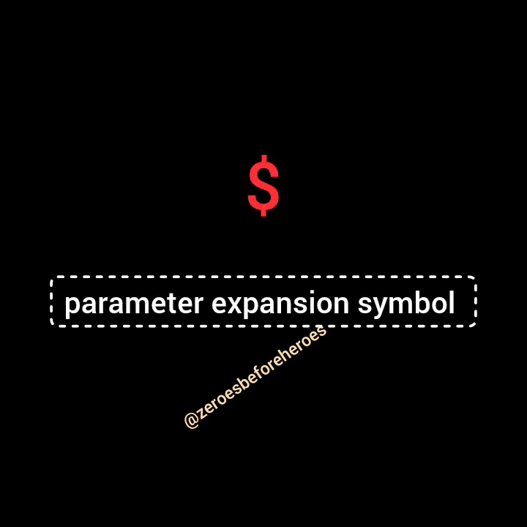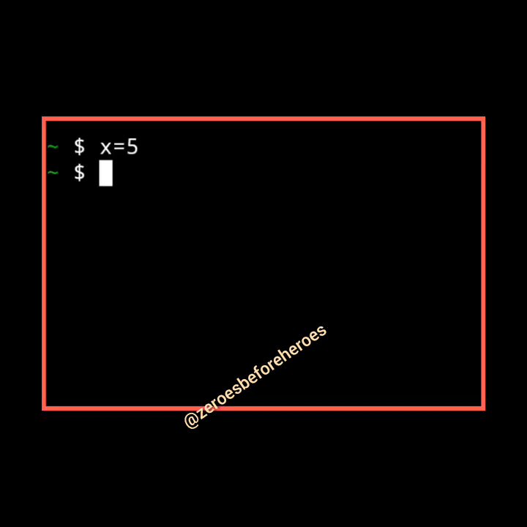In Bash, we use the $ sign, which is the parameter expansion symbol, to access the value of a variable. In the example on the screen, we are using the echo command together with the $ sign to print out the value of x.